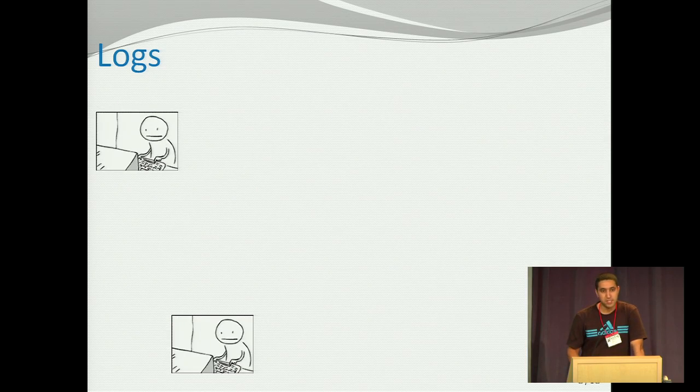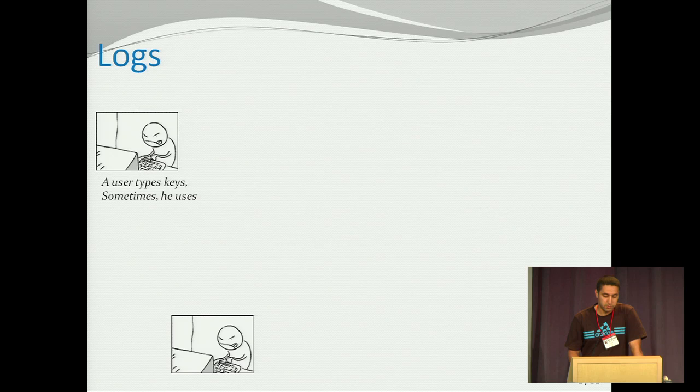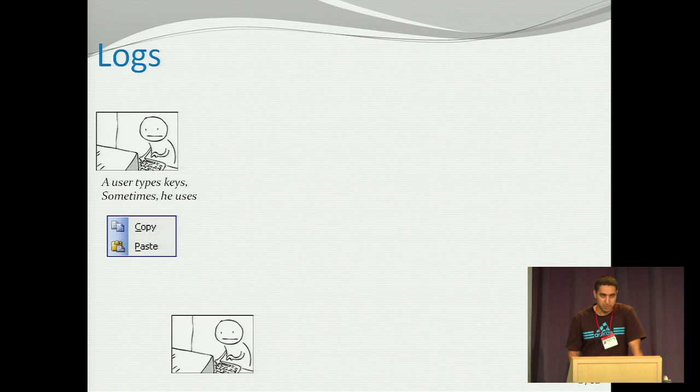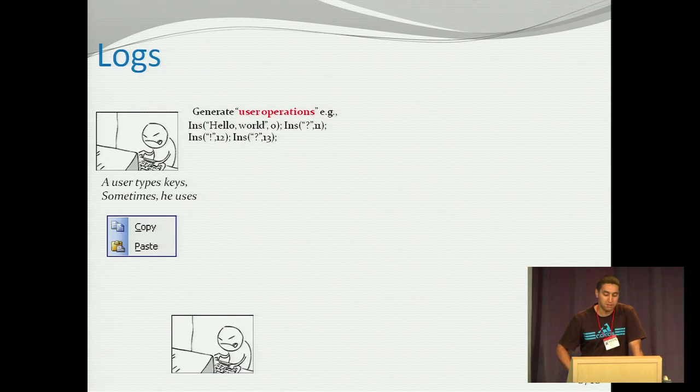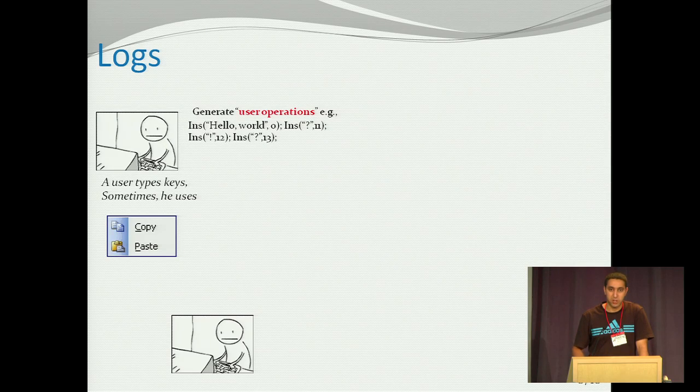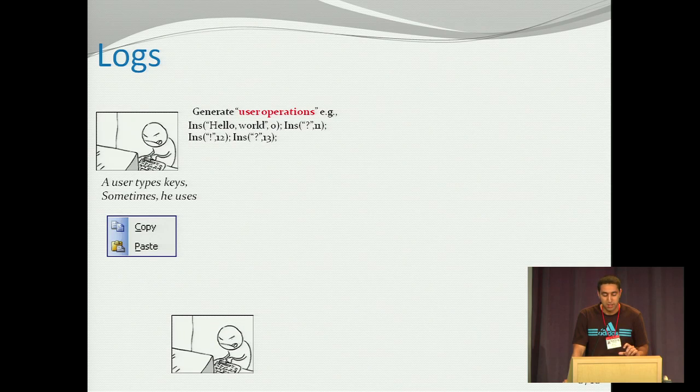Generally, a user inserts only one character, but sometimes the user can insert a block of characters with copy-paste. For example, the user inserts hello world at position 0 with copy-paste, inserts a question mark at position 11, etc. These operations made by the user are called user operations.